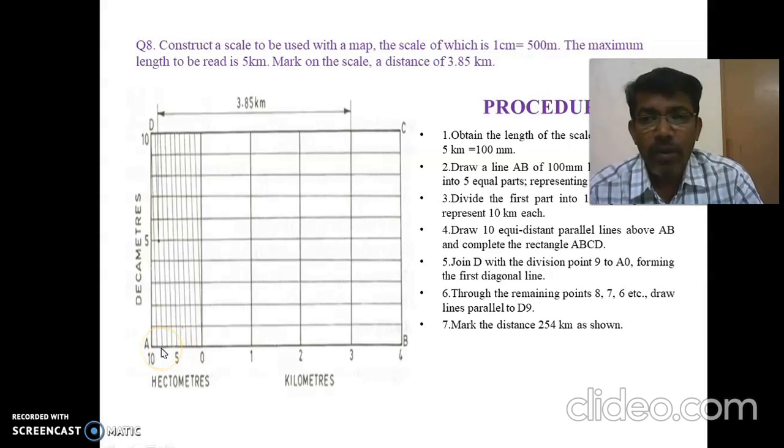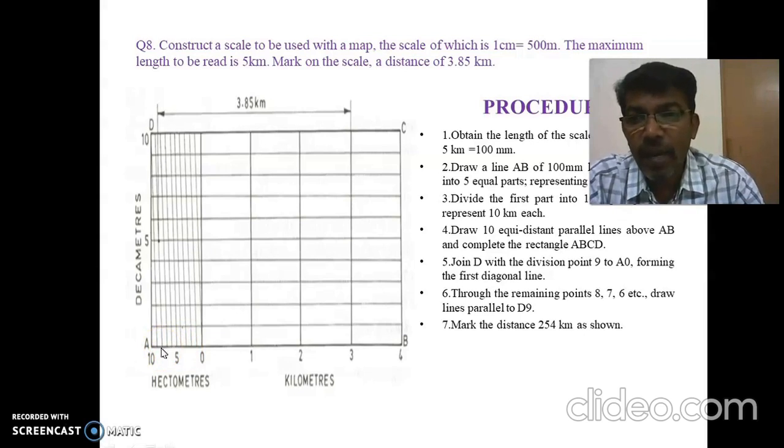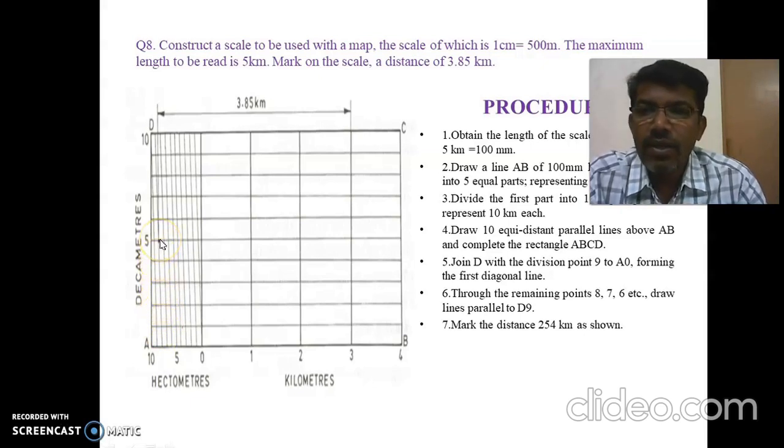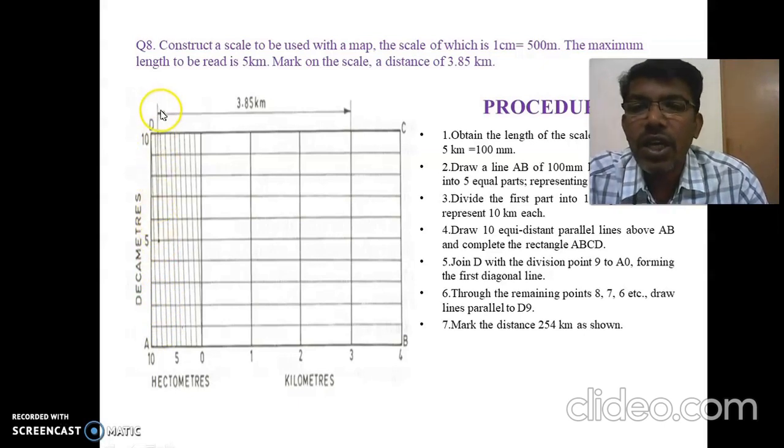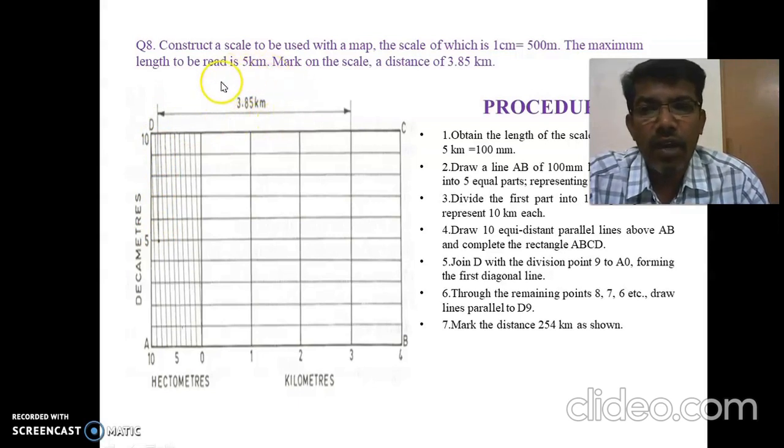Then 5 decameters. So now this is 1, 2, 3, 4 and 5. Now through this 5, I will draw a parallel line to AD such that you will find the distance of 3.85 kilometers.